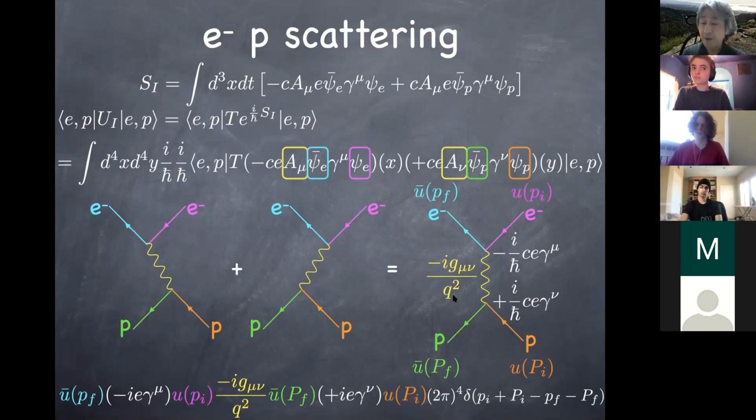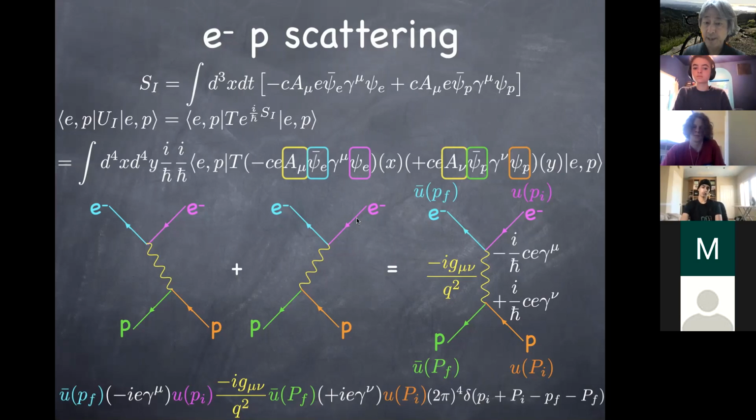So it does not satisfy the usual relationship between the energy of the photon and the momentum of the photon. And that's why this violates energy and momentum. So this cannot be a real photon. We call that a virtual photon because of that. So each vertex formally conserves energy momentum, so that you know what q mu is for the momentum carried by the virtual photon, by looking at the initial electron momentum and the final electron momentum.